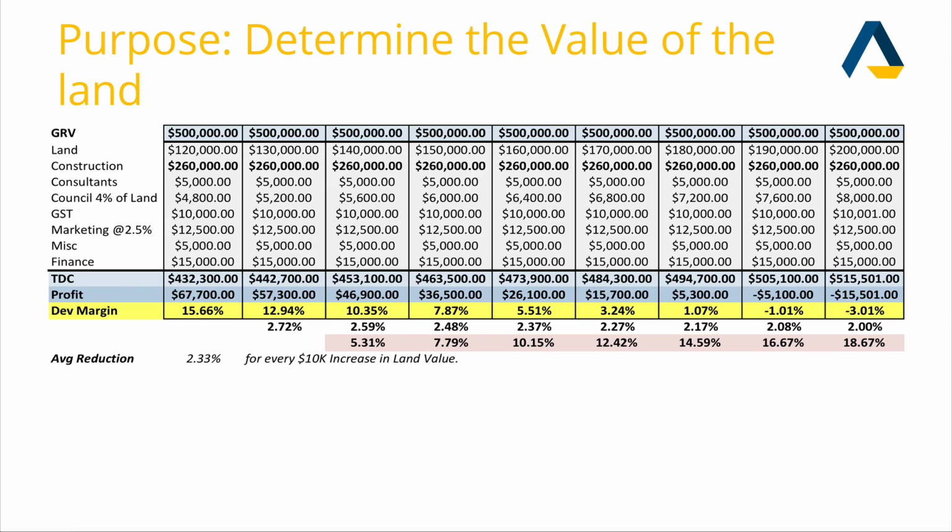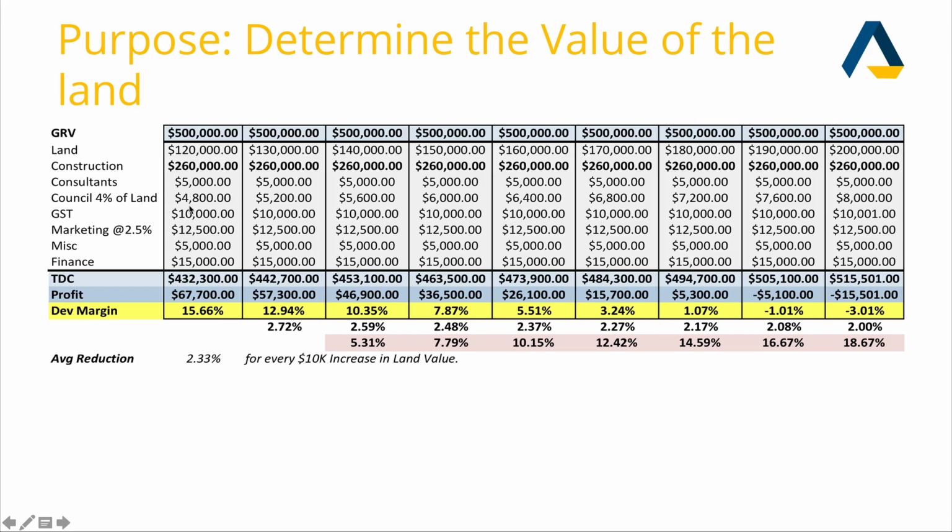If you're in that one city, the cost of construction is going to be the same. The cost of consultants is going to average out, and the council contributions or any kind of taxes or GST that you pay, or the marketing costs that you pay to the agents, or any kind of miscellaneous costs, all these costs are actually going to stay constant.